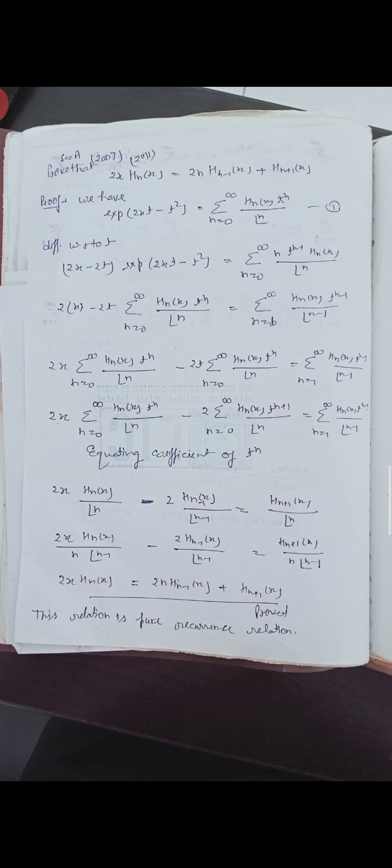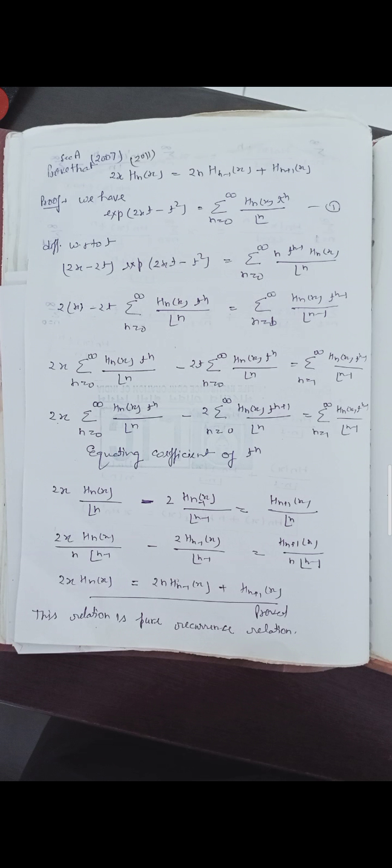This is (2x - 2t) Σ (n=0 to ∞) Hn(x) tⁿ/n! = Σ (n=1 to ∞) Hn(x) t^(n-1)/(n-1)!.